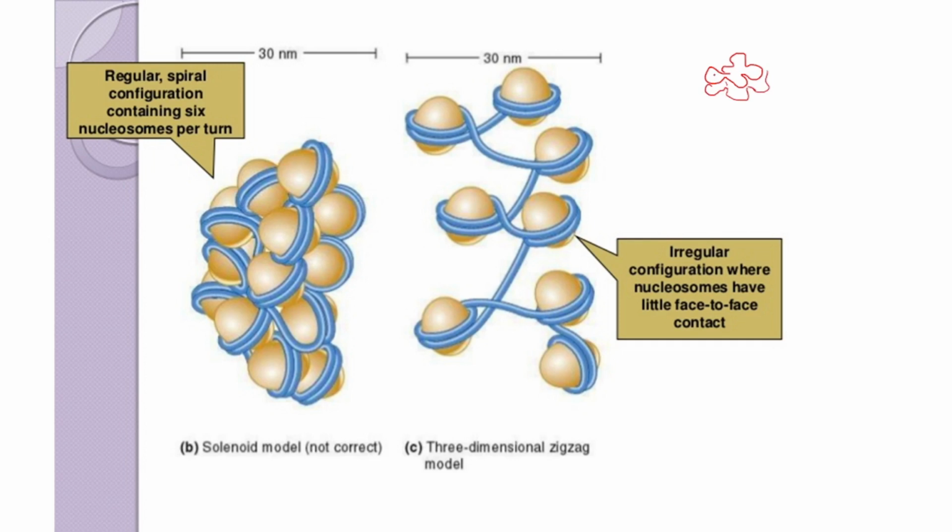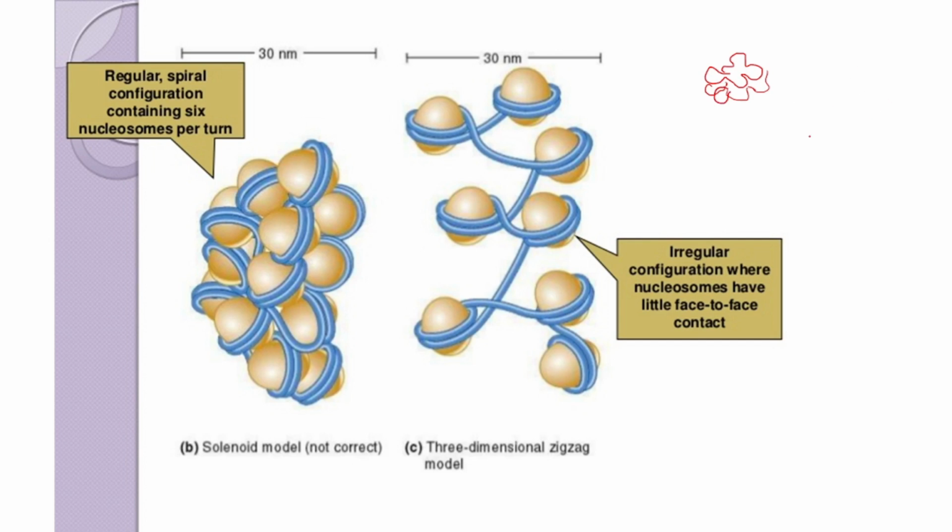It is stacked perfectly, regular, in an ordered way. But in the case of zigzag, the nucleosome of the coil that lies below doesn't come just beneath the first nucleosome. It may come somewhere here.